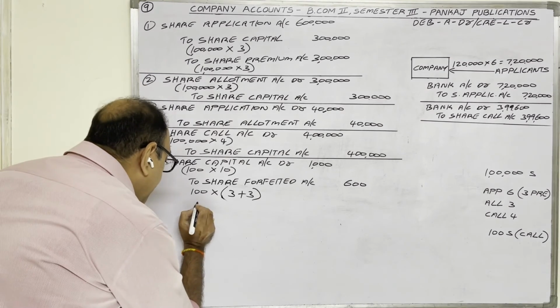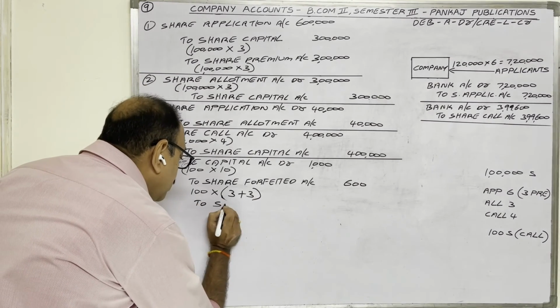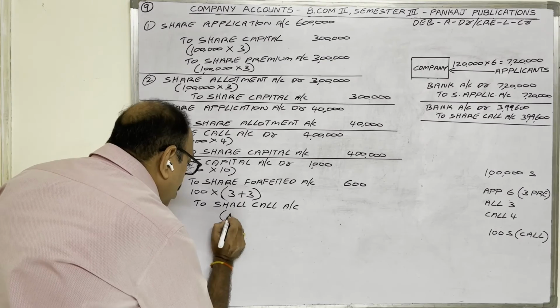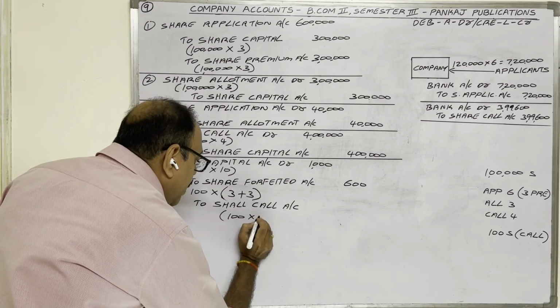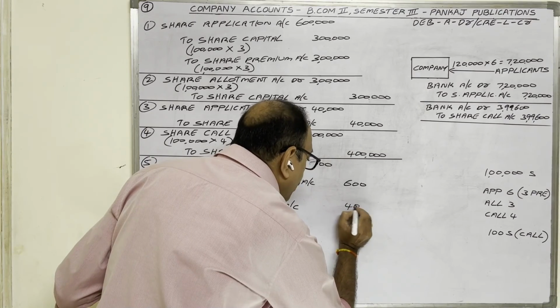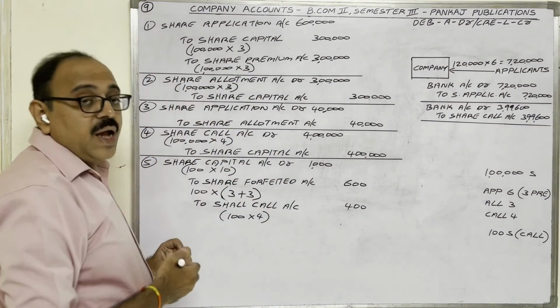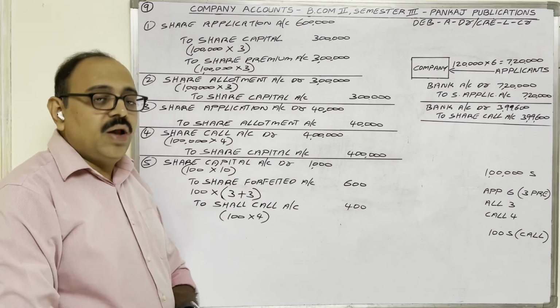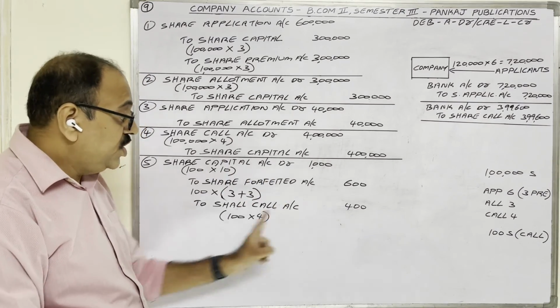Therefore, we should credit share call account with 400 rupees. On 100 shares at the rate of 4 rupees each, 400 will not come now. That amount we have to cancel by crediting share call account. This is the entry for forfeiture of shares.